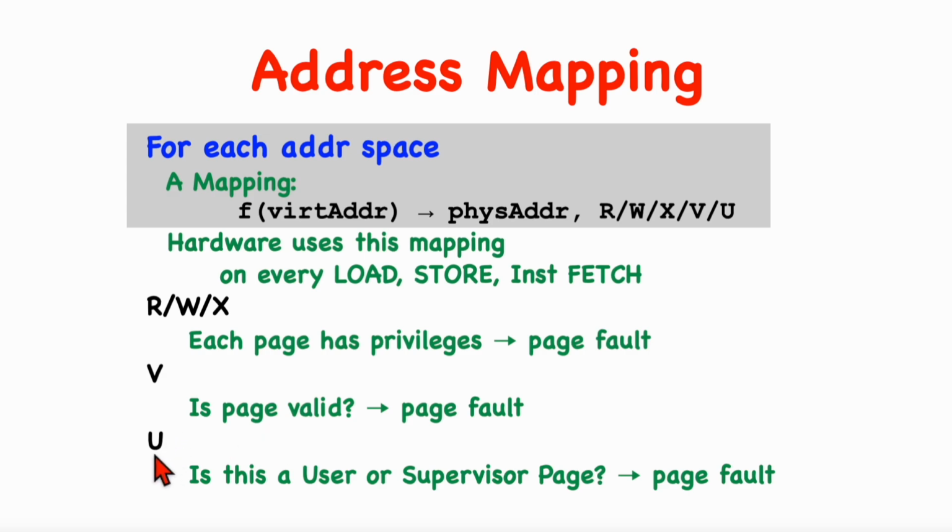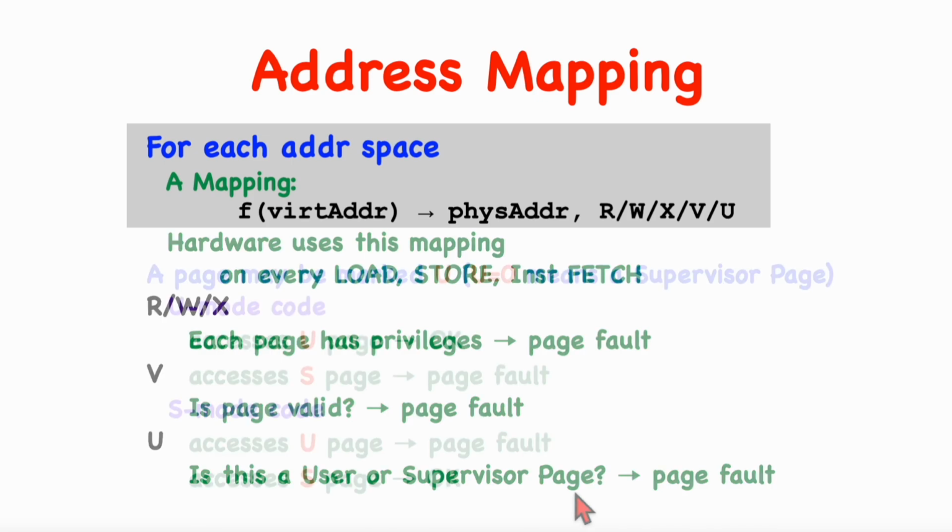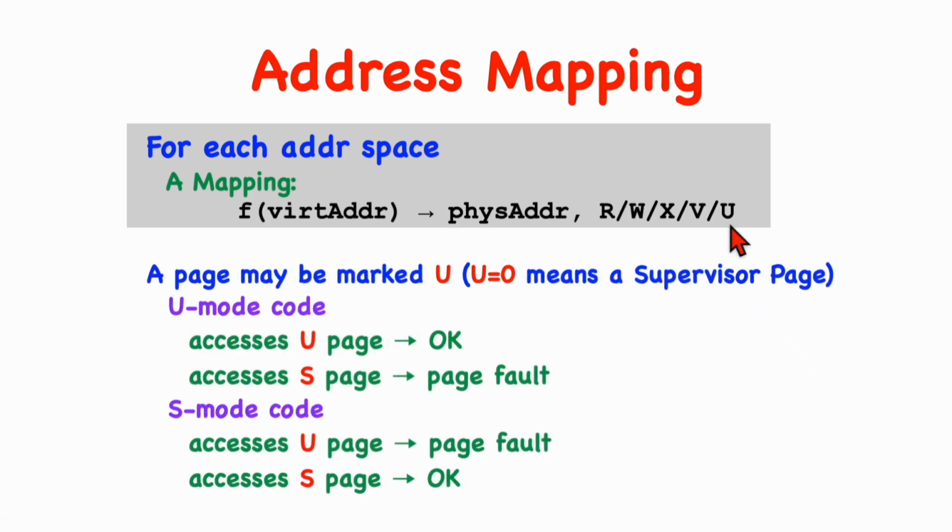Also, we can mark each virtual page as either a user page or a supervisor page. There's also a single U protection bit. If it's set to 1, then this is a user page, and if it's clear, it means that this page is a supervisor page.